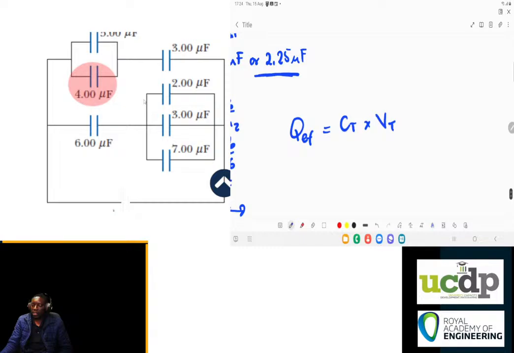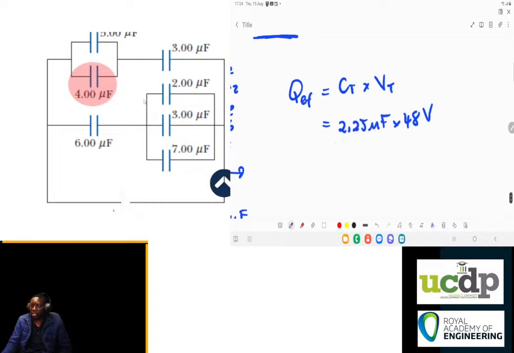Okay, good. So that means we have 2.25 microfarads multiplied by 48 volts. What do we get for the charge? You get 108 microcoulombs.